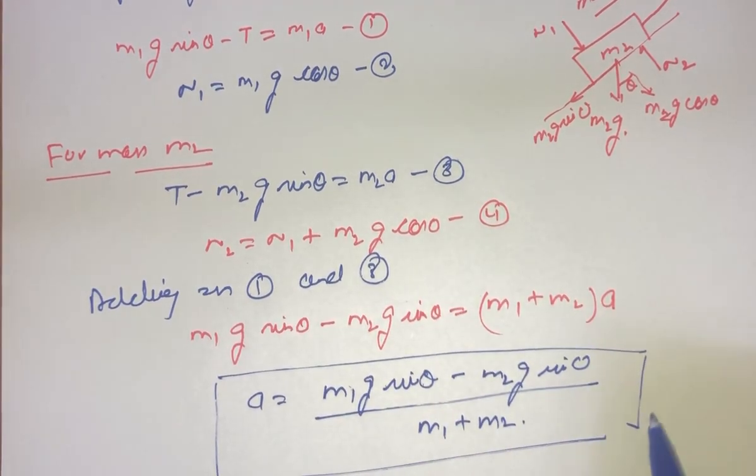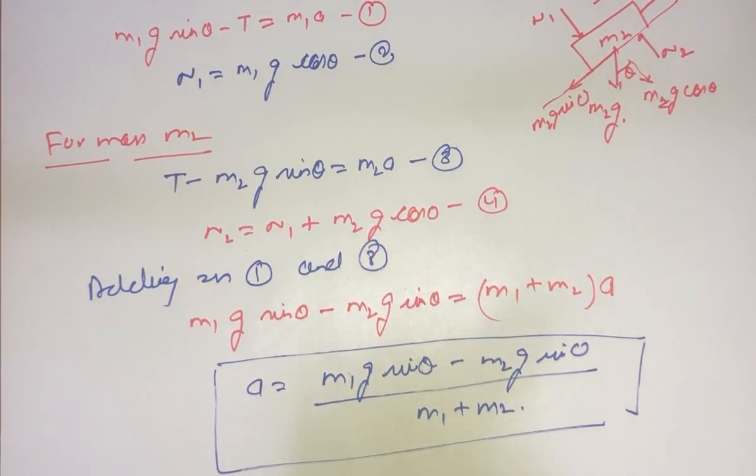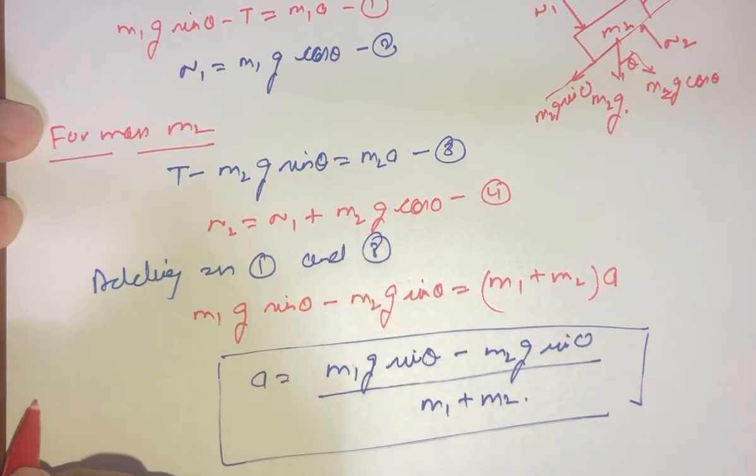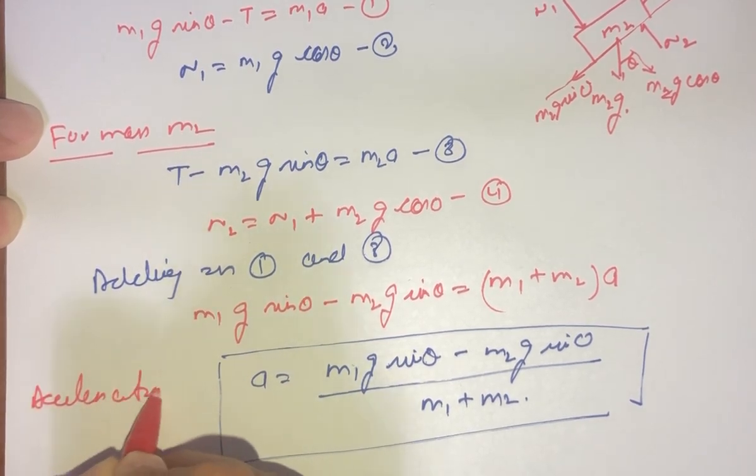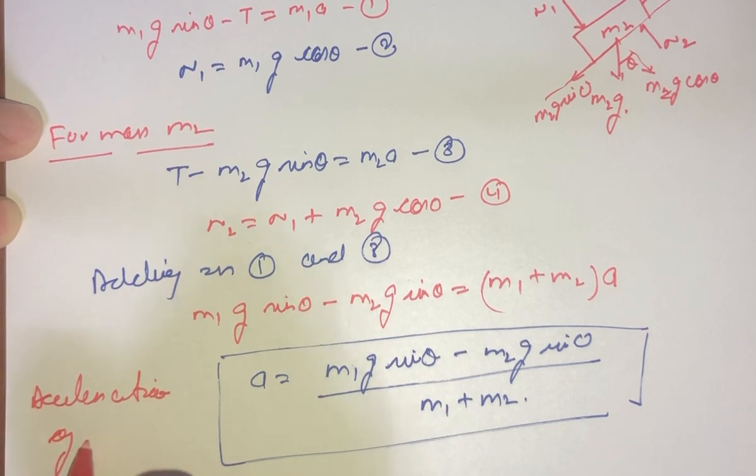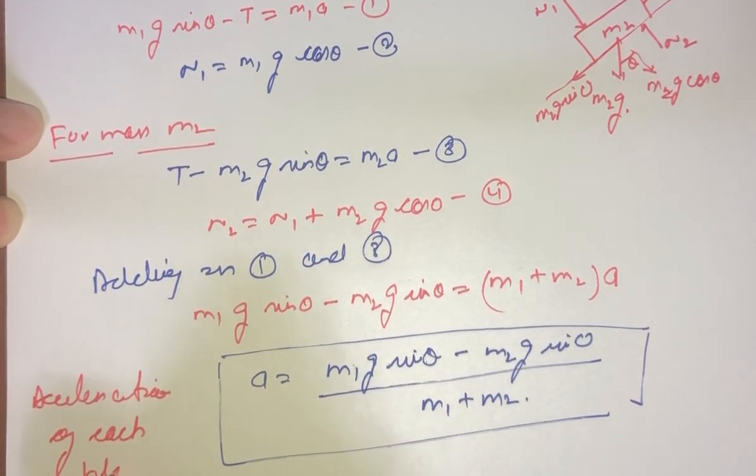So this is the acceleration of each block. Because they are connected by the same string, both will be traveling with the same acceleration. So we can say that this is the acceleration of each block.